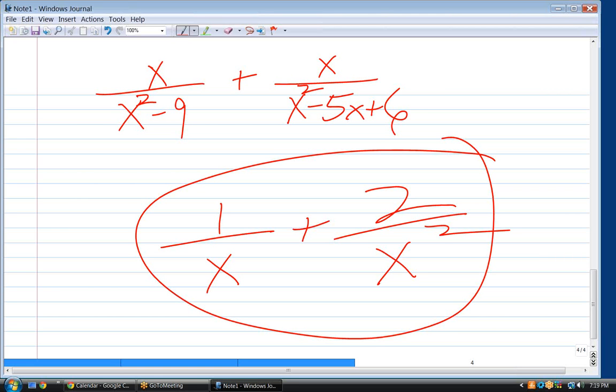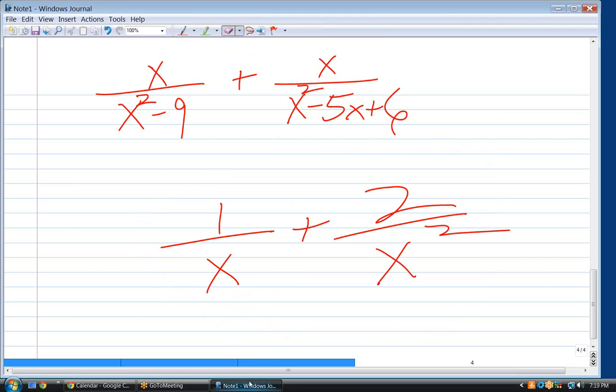Remember that whatever the least common denominator is, it has to be divisible by both terms. x would not be evenly divisible by x squared, so it can't be x. But x squared is the answer, because x squared is evenly divisible by x squared, and it's also evenly divisible by x.